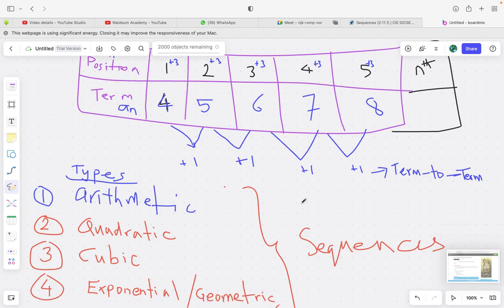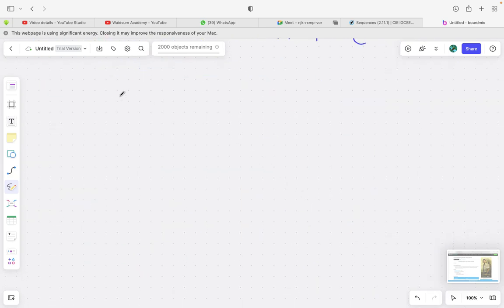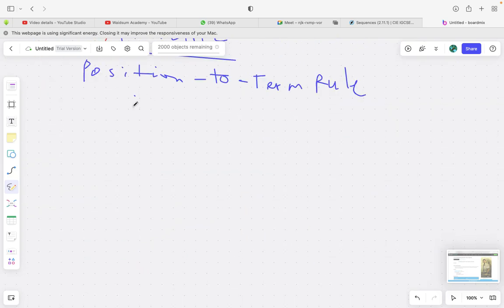Which means this formula, the position to term rule, An, will be equal to n plus 3, where n is the symbol for position. You just add 3 to n.